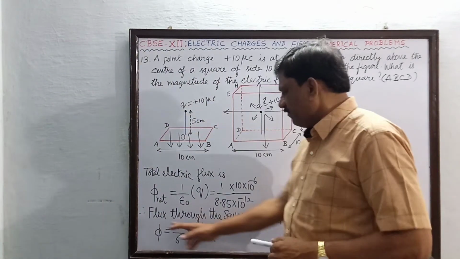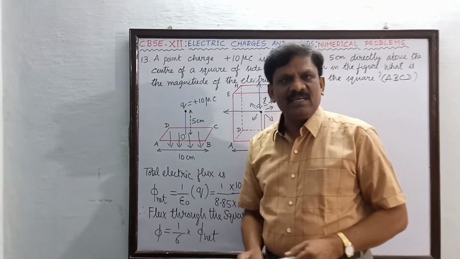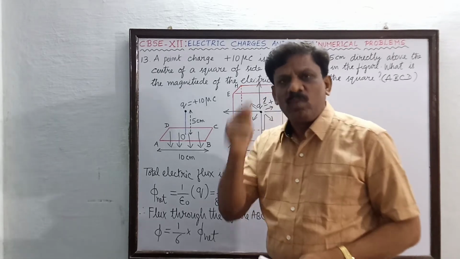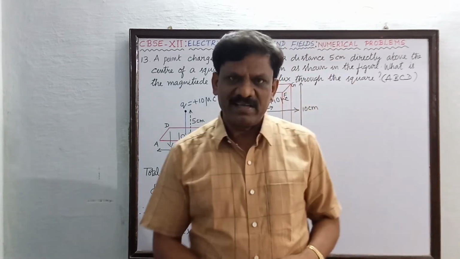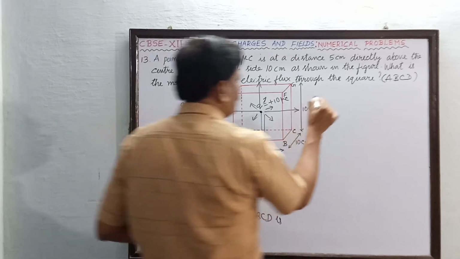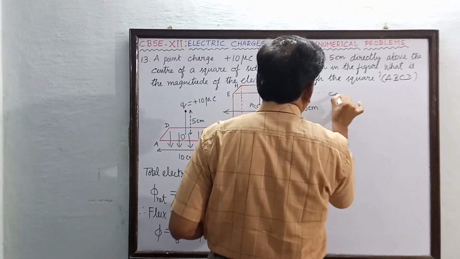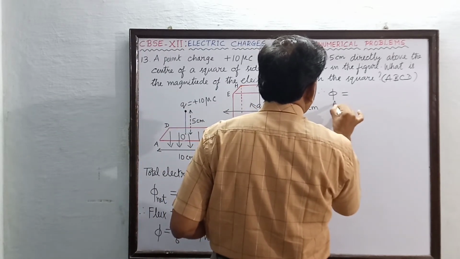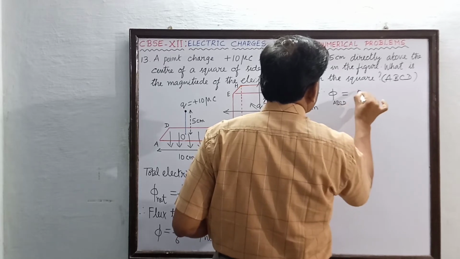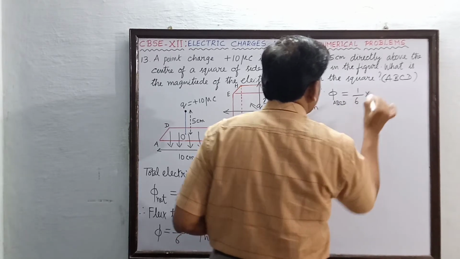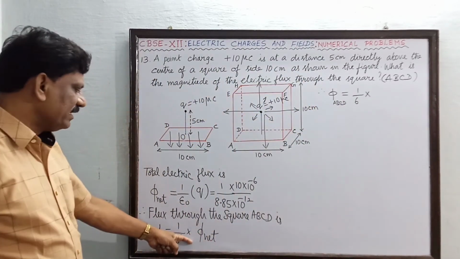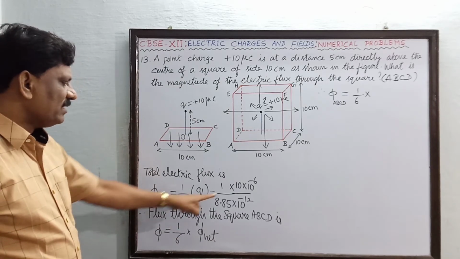Yes, the flux through the surface ABCD must be equal to 1/6 of the total flux. So I am going to substitute. Therefore phi through ABCD is equal to 1/6 into the net flux. Net flux we have already substituted here.